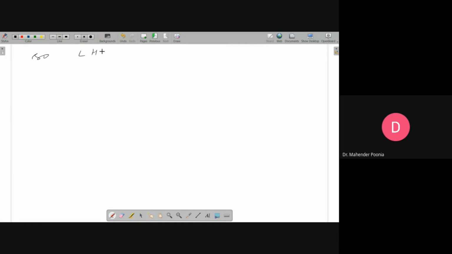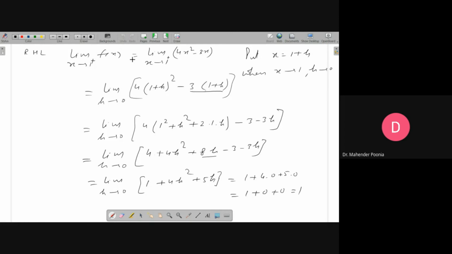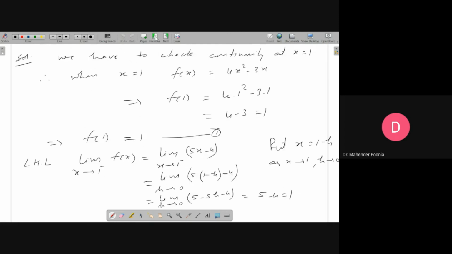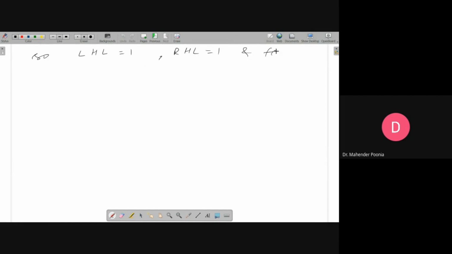So left hand limit is equal to 1, right hand limit is also equal to 1, and f of 1 is also equal to 1. Thus, left hand limit is equal to right hand limit is equal to f of 1.